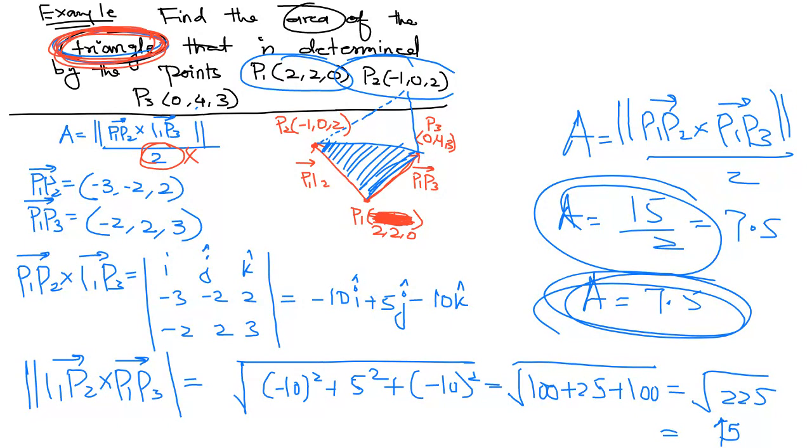Okay. So the next is how we can find the scalar triple product.